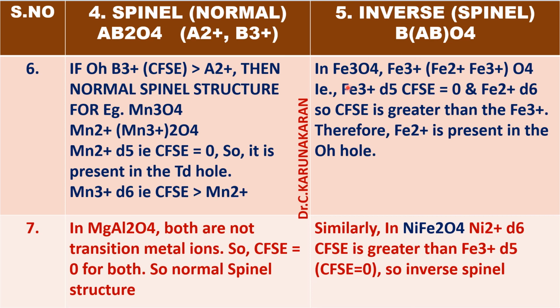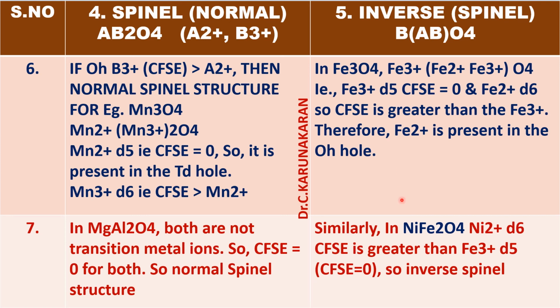Whereas in the case of magnetic oxide Fe3O4, Fe3+ is d5, crystal field stabilization is equal to 0. You see now Fe2+ is d6, so the crystal field stabilization is greater, now this is opposite. Therefore, this is our inverse spinel structure. Therefore, Fe2+ prefers to occupy the octahedral hole.